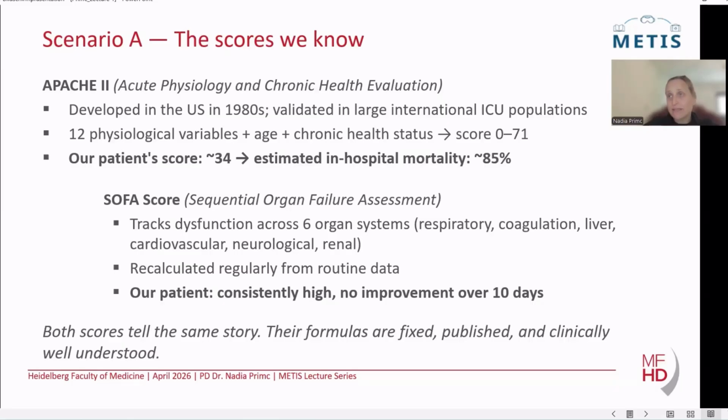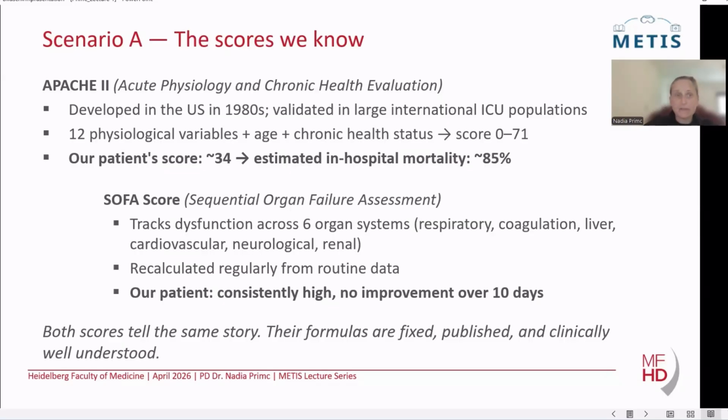And these measurements are combined with the patient's age and whether there have been any chronic organ problems before his admittance to the ICU. And to combine all these variables and measurements, the doctors use a fixed publicly available formula. And the result of this formula is a number that then corresponds to an estimated risk of dying in hospital.